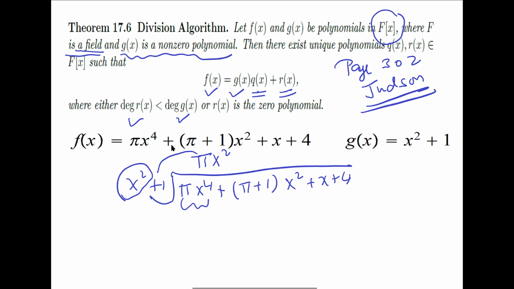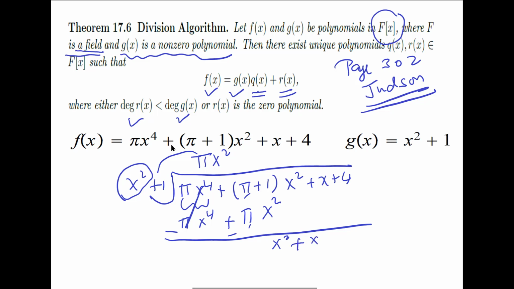Then we multiply these two quantities, so we get pi x to the power 4 plus pi x squared. Then do the subtraction. So what will happen? This pi x squared and this pi x squared will cancel. So what steps down for you? x squared from here plus x plus 4, right?